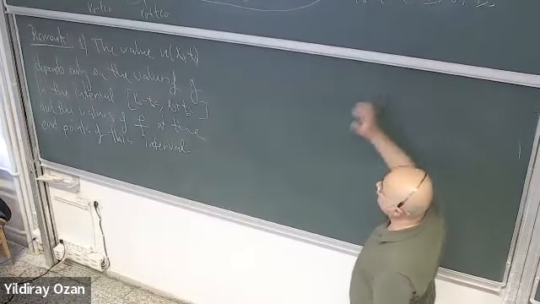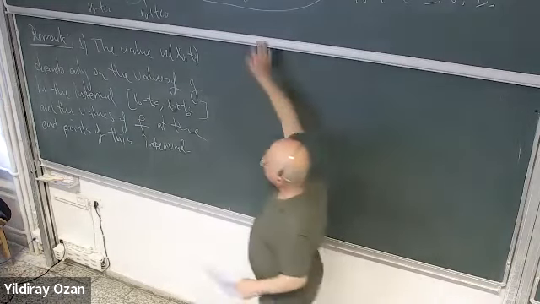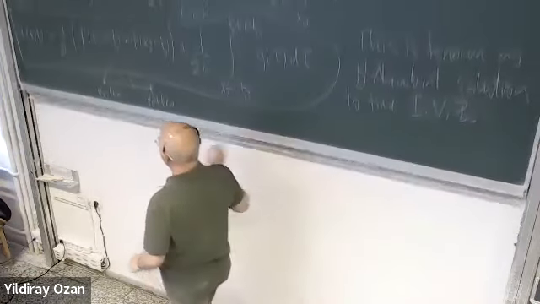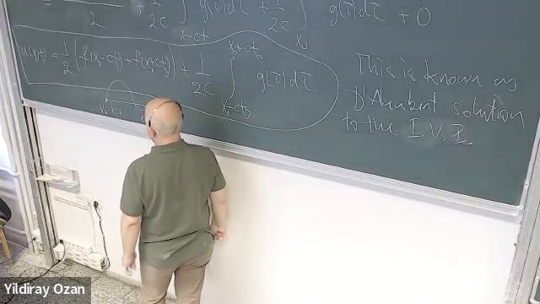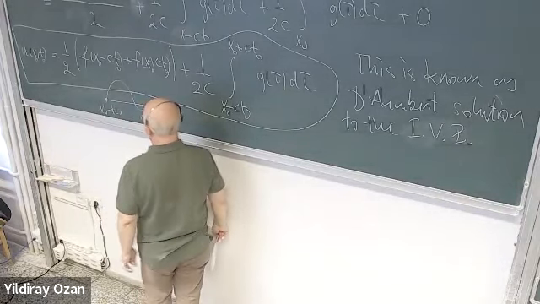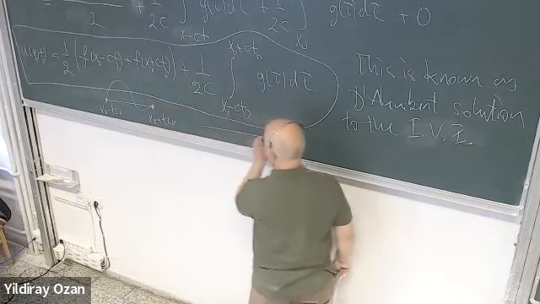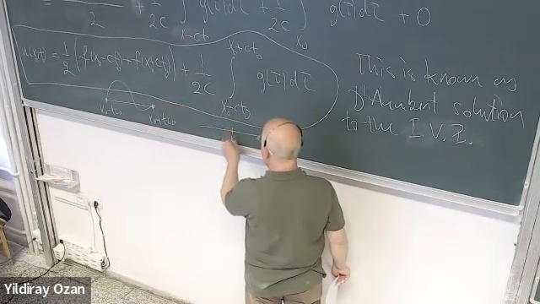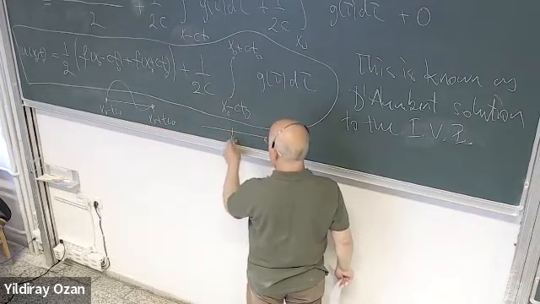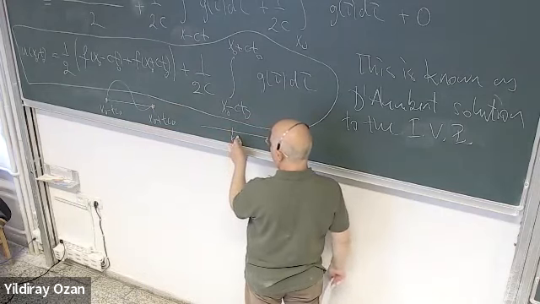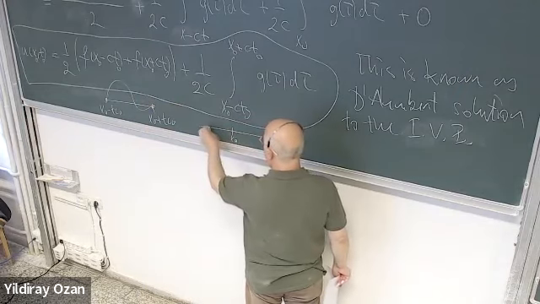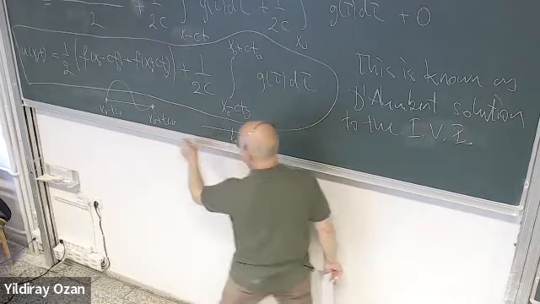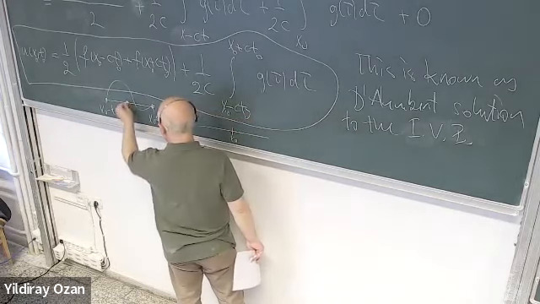Yani bir yerde, so at some point x0, the value of u at this point, and of course at t0, so you need to look at, so x0 is somewhere here, right?